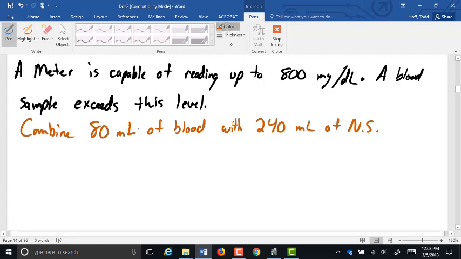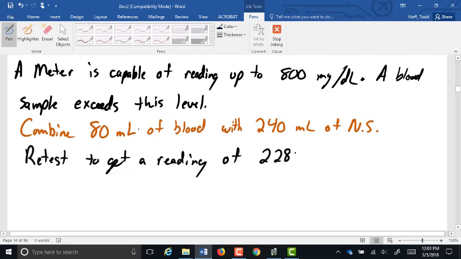Then we retest to get a reading of 228 milligrams per deciliter. We want to know the true reading. So find the true reading.